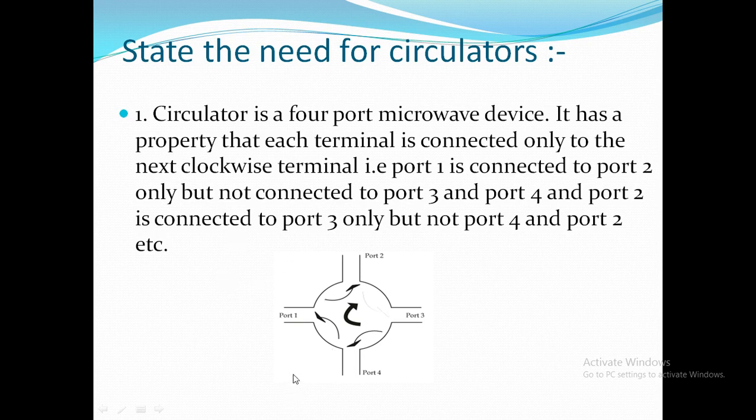You can also observe that we have four ports. Port 1 is connected to port 2, not to ports 3 and 4, and port 2 is connected to port 3, not to ports 1 and 4, and so on.